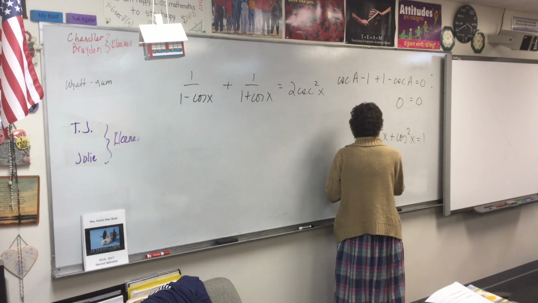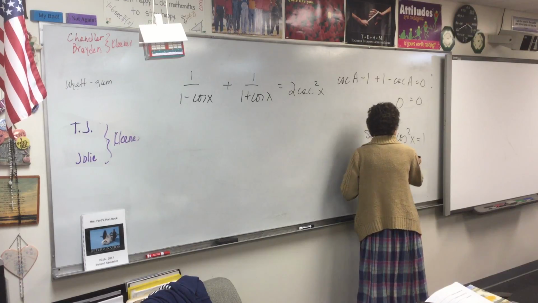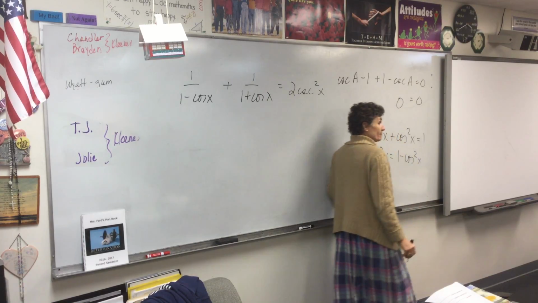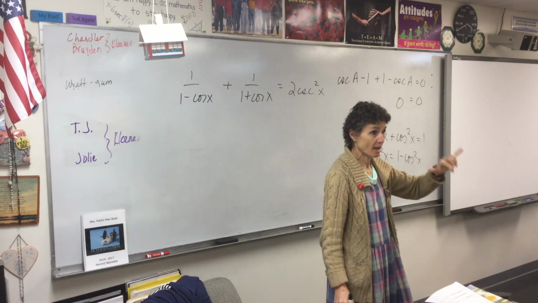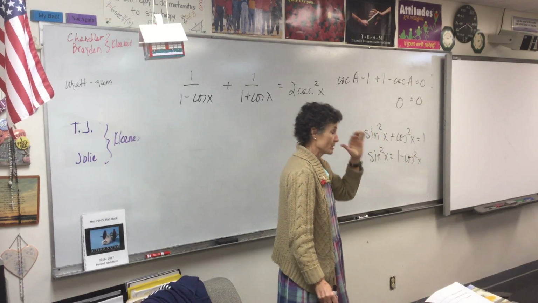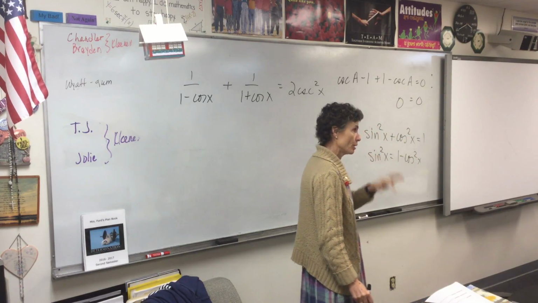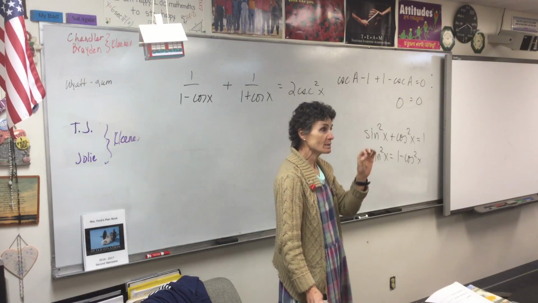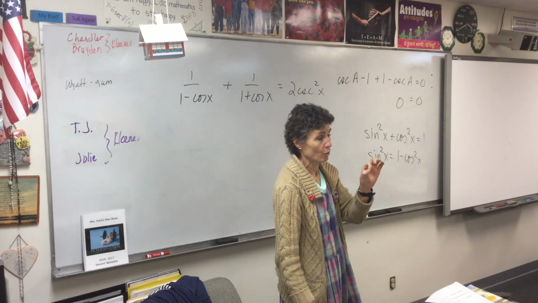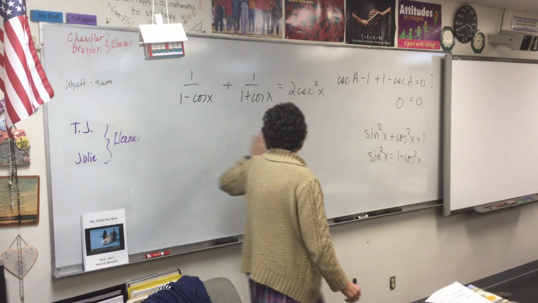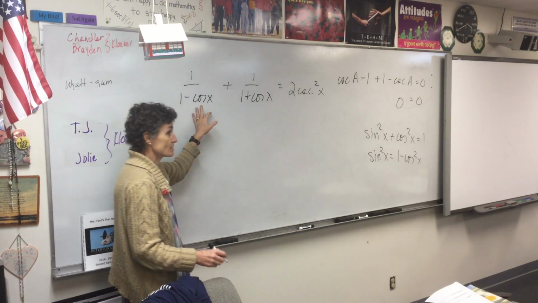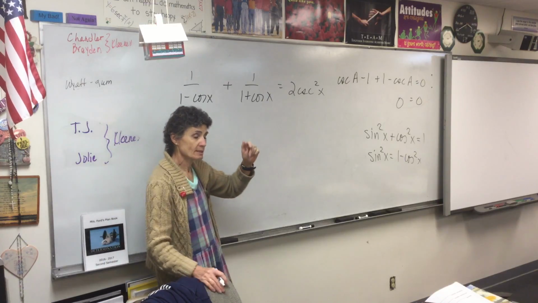For example, sine squared is the same as 1 minus cosine squared, right? Those identities that allow you to change sine into cosine, or tan into secant, or cotan into cosecant, those identities only work if the functions are squared.